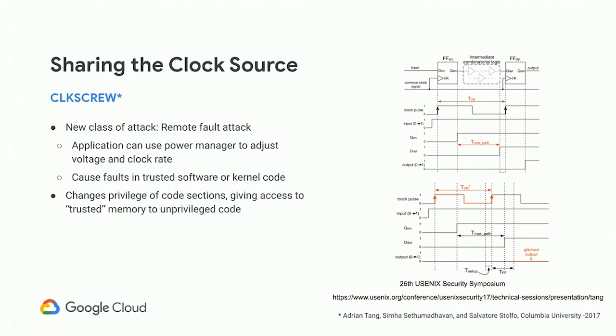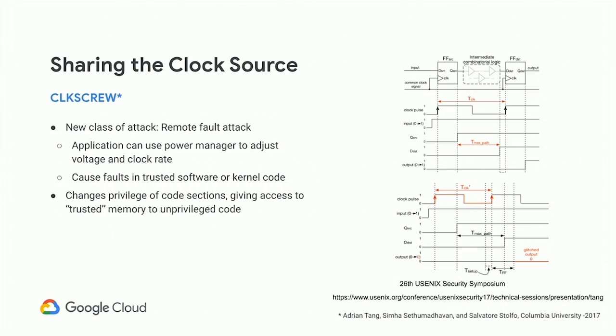If you look at the picture, this is a number of flip-flops. These are the gates you have in a processor, and they need to be clocked at a certain frequency. If you violate the frequency of those flip-flops, you will introduce a fault into the chain. What they've been able to do is build a remote fault attack.